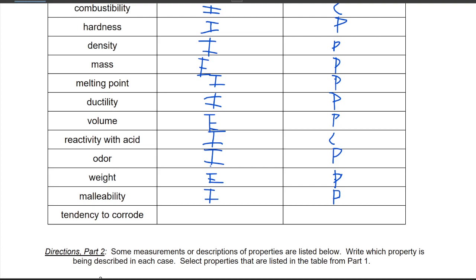Malleability, if you don't know, is how well a metal can be hammered or bent out of shape. So it is just a physical change. Finally, we have tendency to corrode, which is intensive, and corrosion is chemical reactions. It's usually reacting with oxygen. But again, it won't differ on how much of each thing you have.